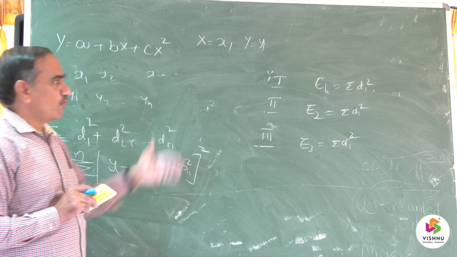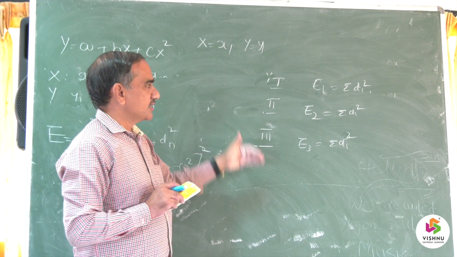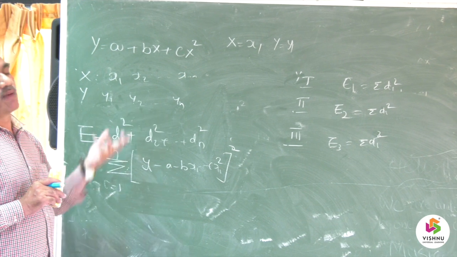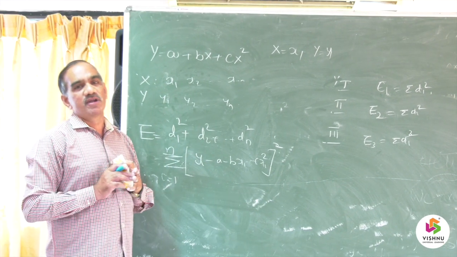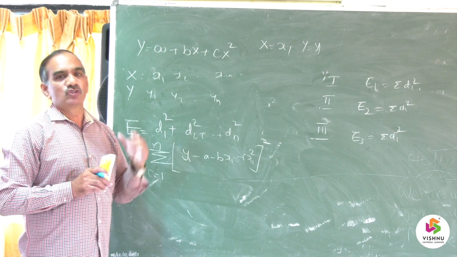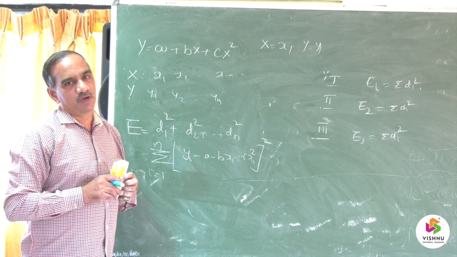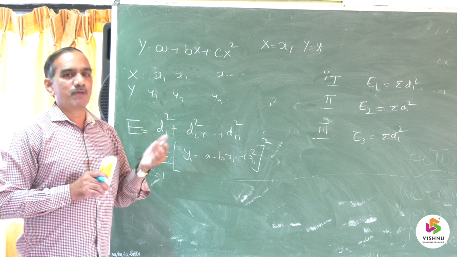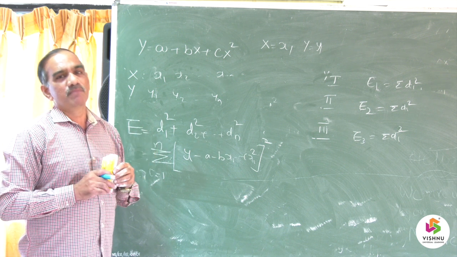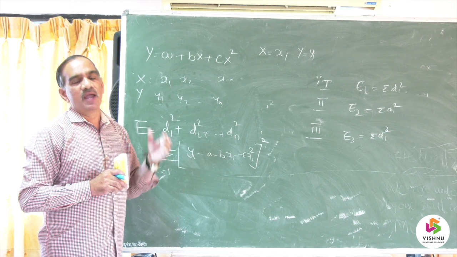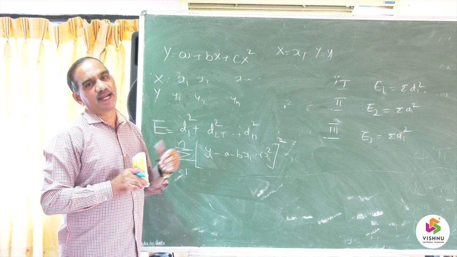How can we check? Once again, 1, 2, 3 and so on, we cannot calculate each and every curve because there exist a countably infinite number of curves. For each curve, we cannot calculate sigma di square. So we have to use the mathematical principle of maxima and minima. For a function f, we ask for what value of x it is getting maximized and for what value of x it is getting minimized.